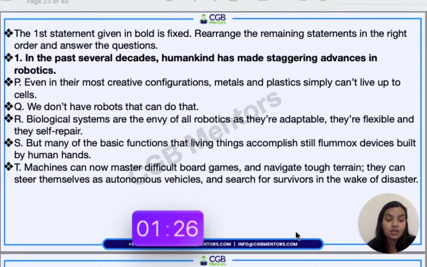Arrange all of the given statements and answer. One more minute to go.